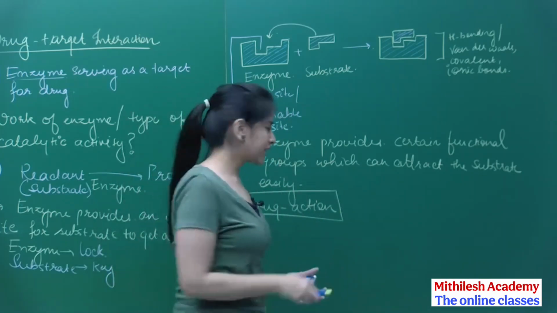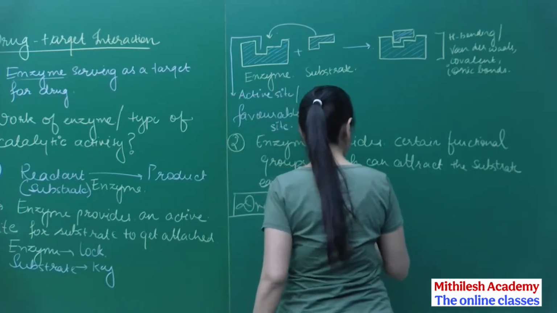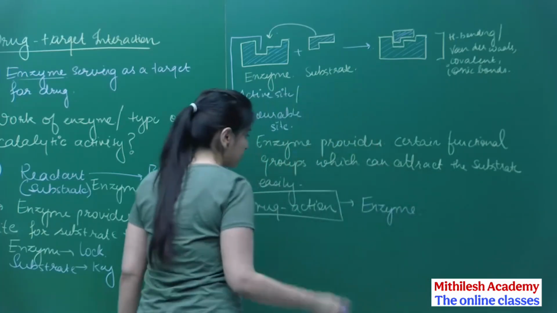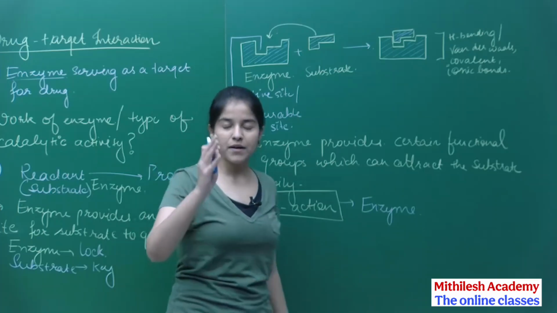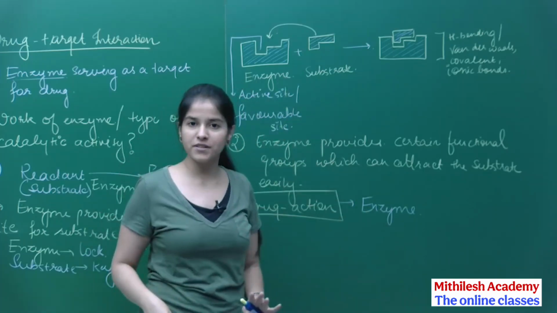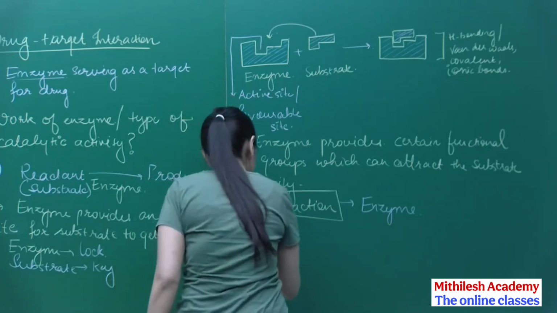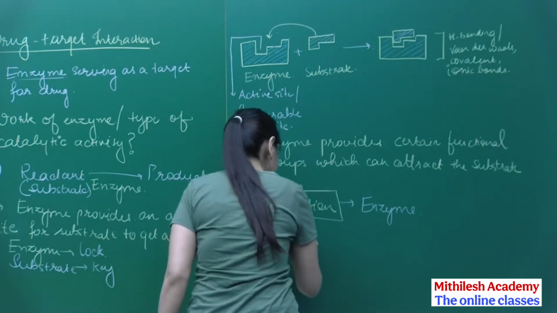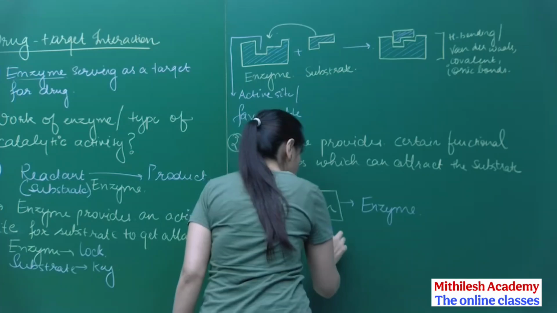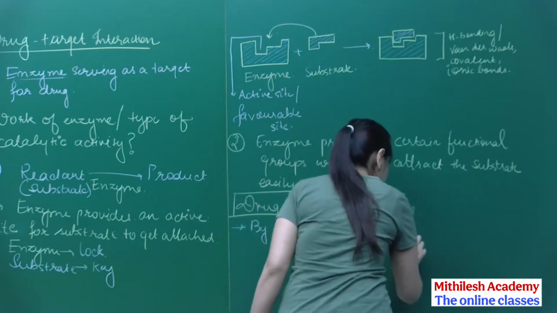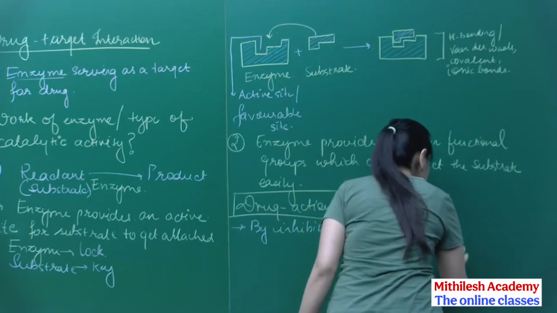How will it act on the enzyme? I am talking about the drug action on the enzyme. By inhibiting, or I can say preventing, any of these processes, the drug will act.